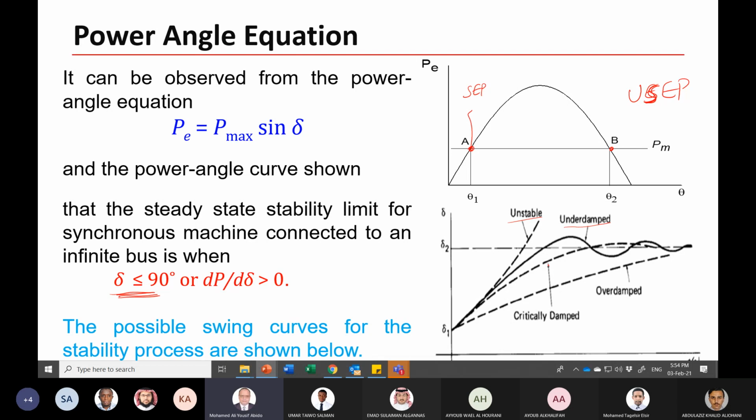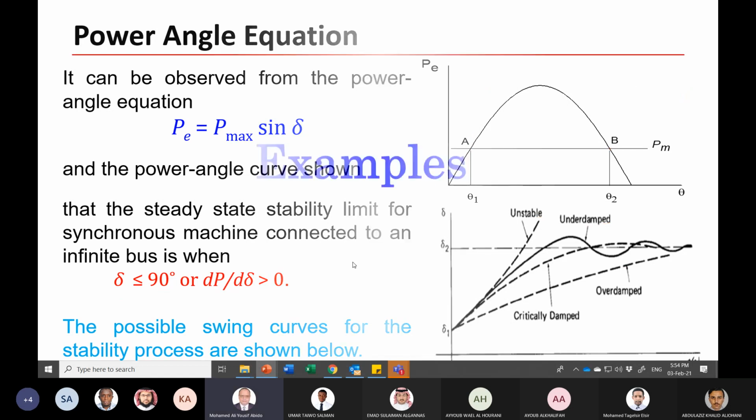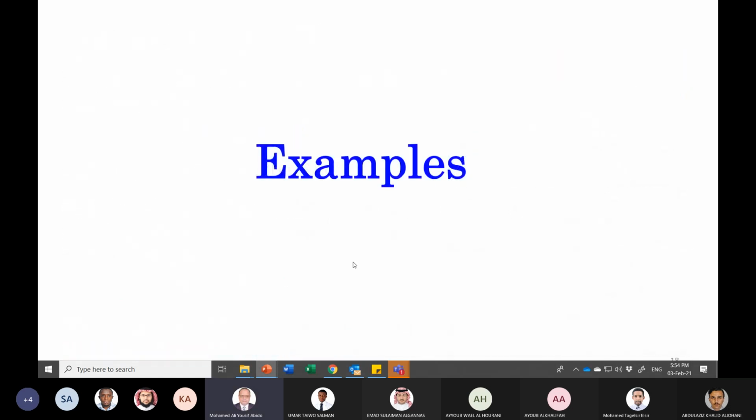This is critically damped, the damping coefficient equal to 1. This is overdamped, the damping coefficient greater than 1. So you can have any one of those responses. If you have a disturbance, these are the swing curves, delta versus t, the solution of the swing equation. Okay, any question?